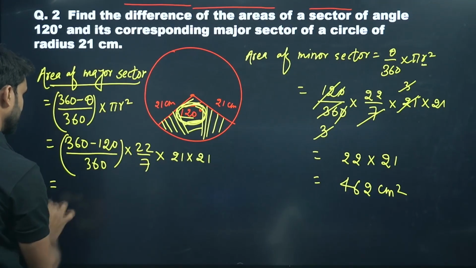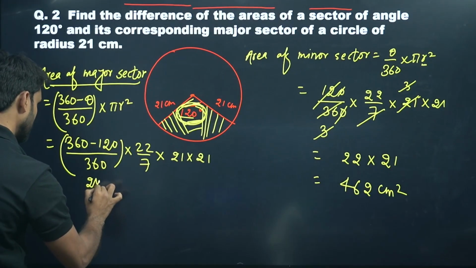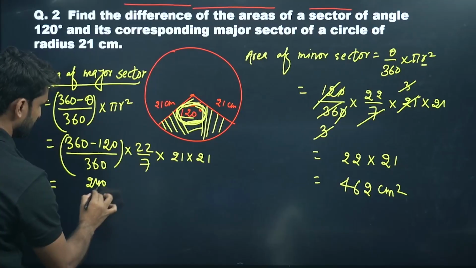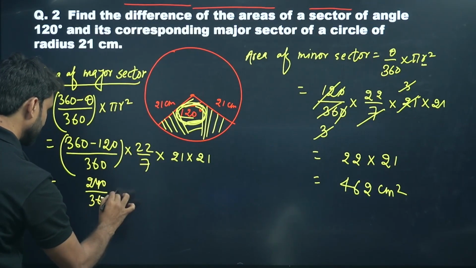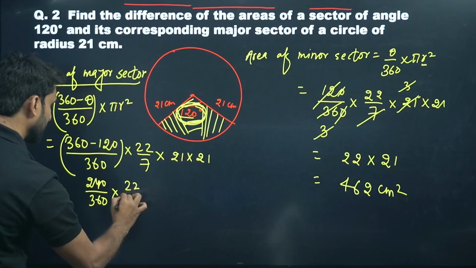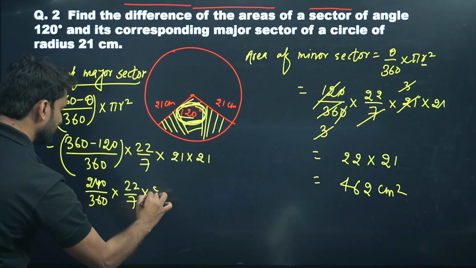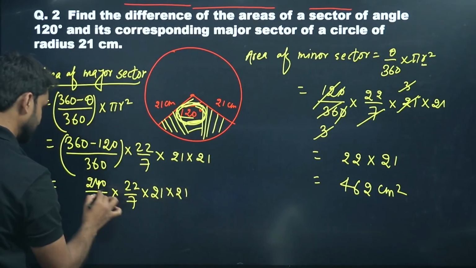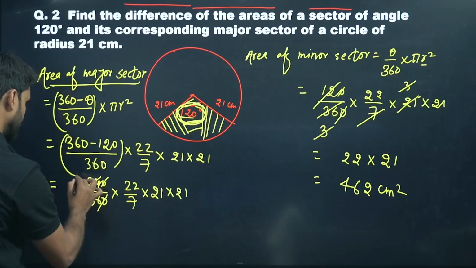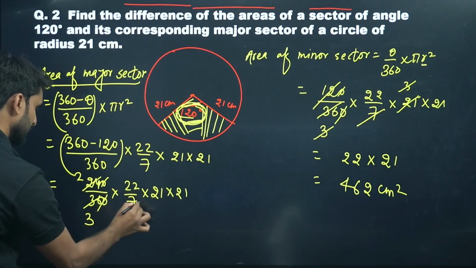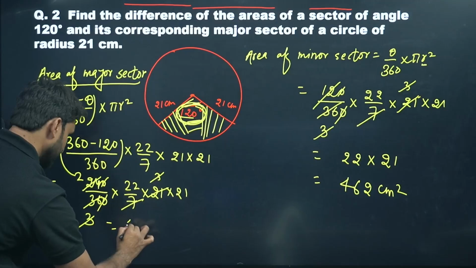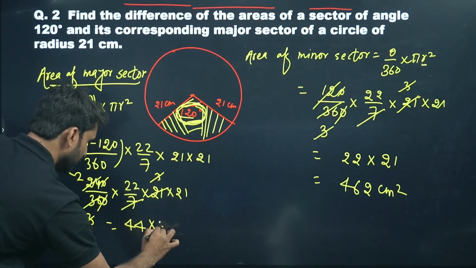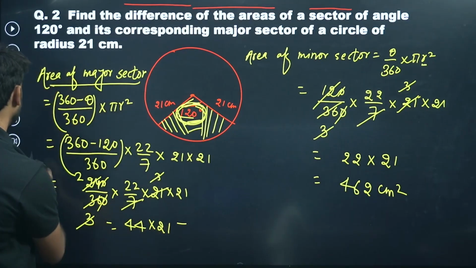So what we are getting here, 360 minus 120, 240, 360 into 22 by 7, 21, 21. Cancel it, 0 to 0, 2, 12 ja, 3, 7, 3, 3 to 3 cancel. What we are getting, 44 into 21.